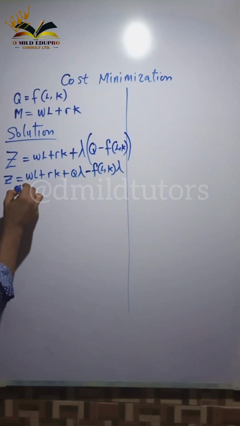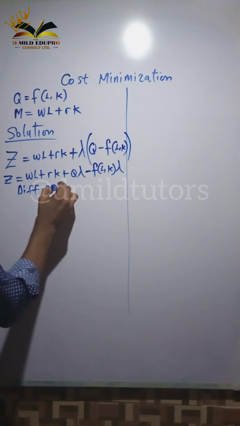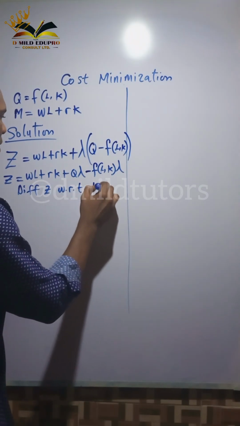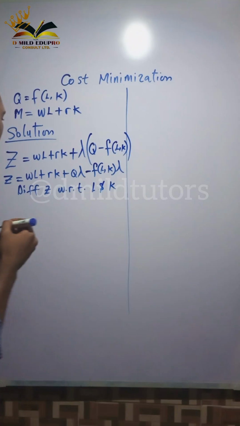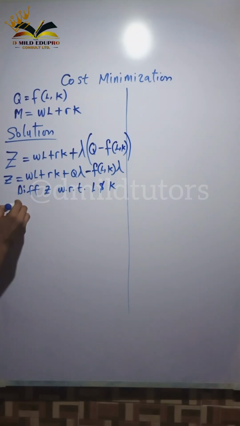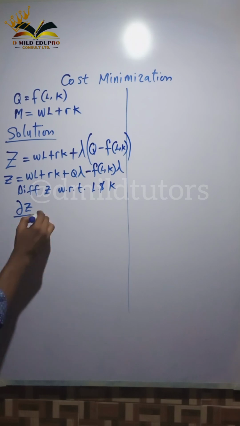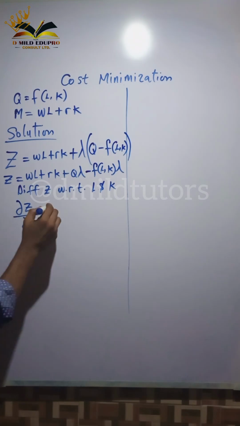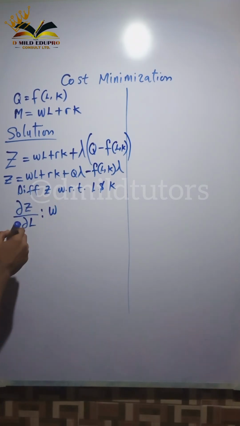So we differentiate our Z with respect to labor and capital. First and foremost, we differentiate Z with respect to labor. You have W left.